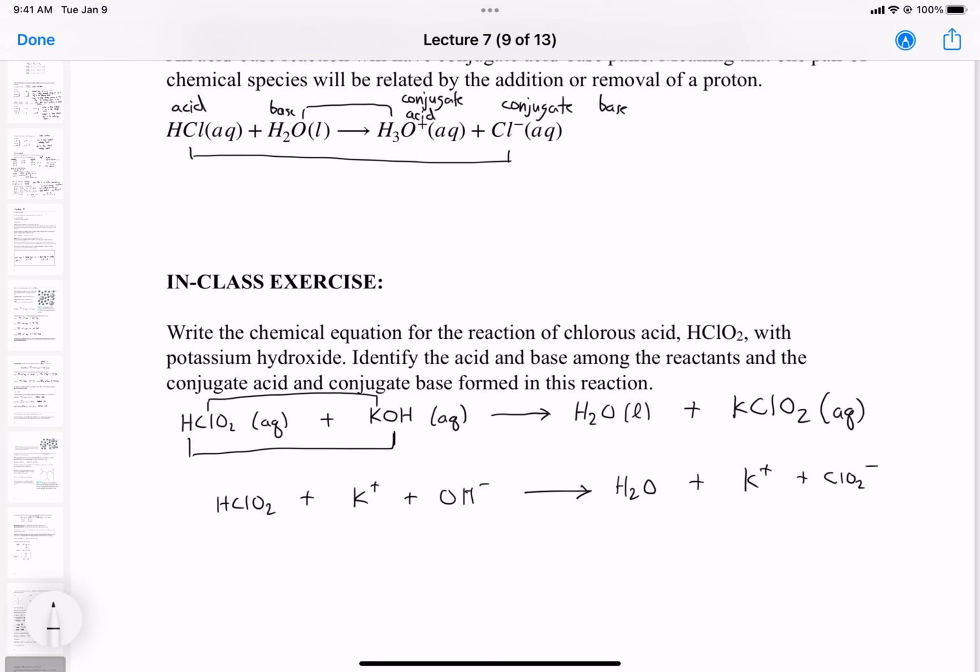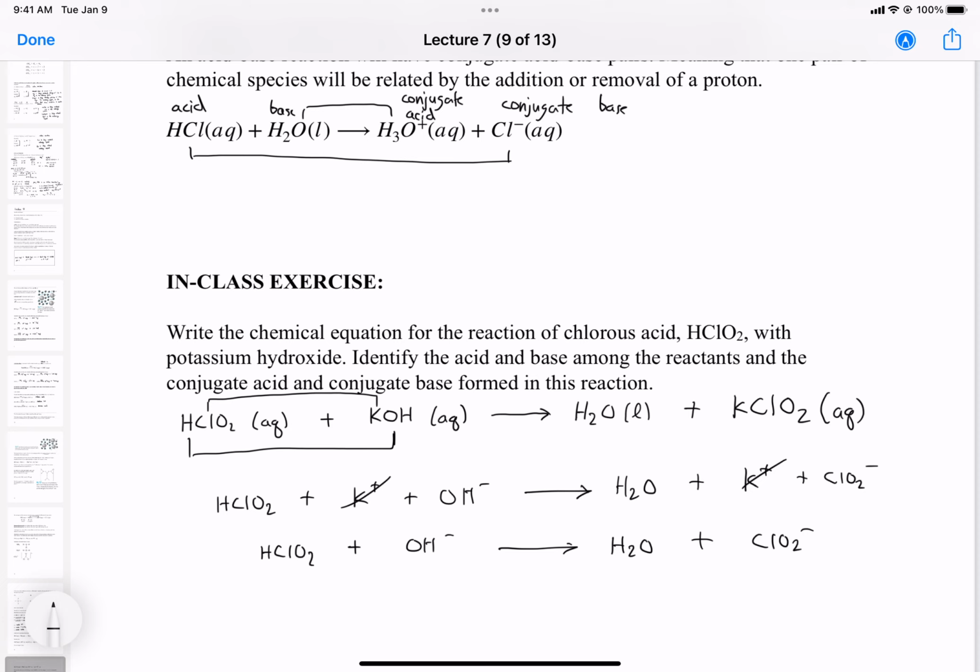And then here we can cancel out the like terms on both sides, so we cancel out potassium, and we have HClO2 reacting with hydroxide to give us water and the chlorite ion.